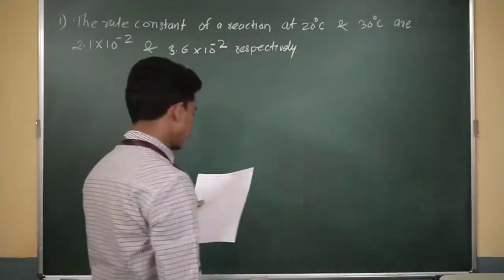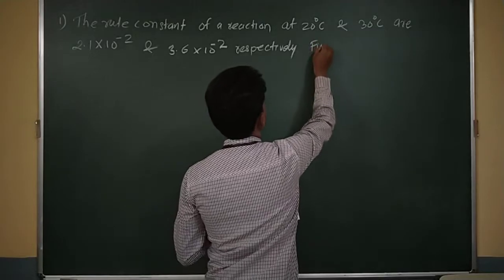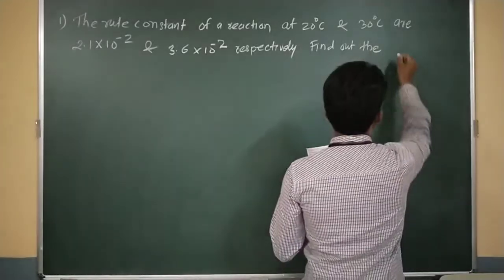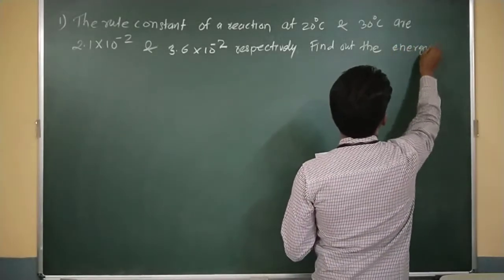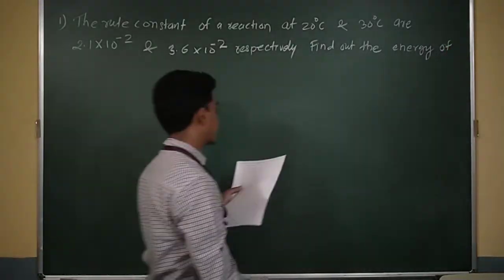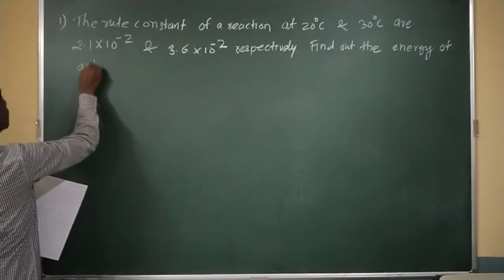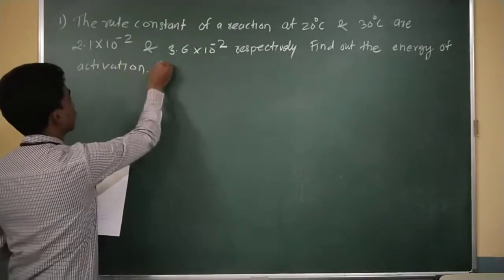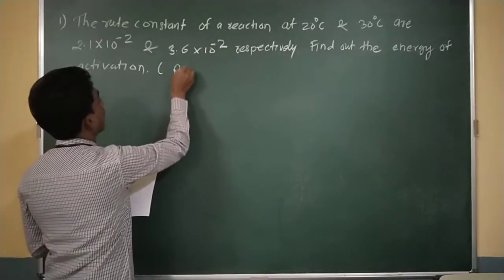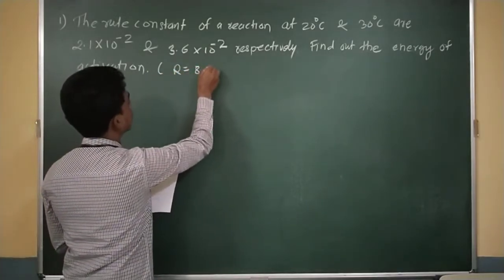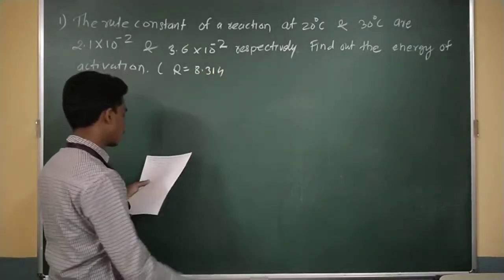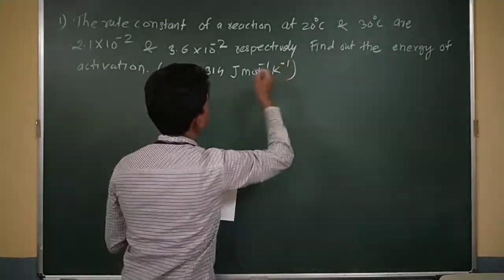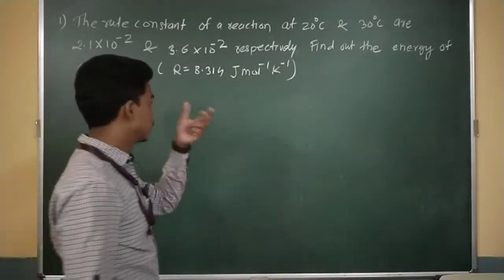Find out the energy of activation. The value of R is 8.314 joule per mole per Kelvin, which is given in brackets.